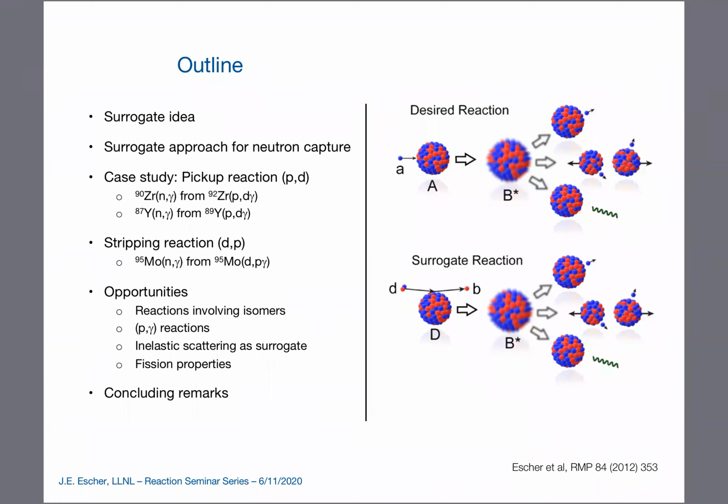Solving the problem requires using both direct and statistical reaction theory, and we also need some nuclear structure information. I will focus in this talk mostly on neutron capture and explain the theory approach that I used to get the (n,gamma) cross-section from the (p,d) reaction and from the experimental data that my colleagues gave me.